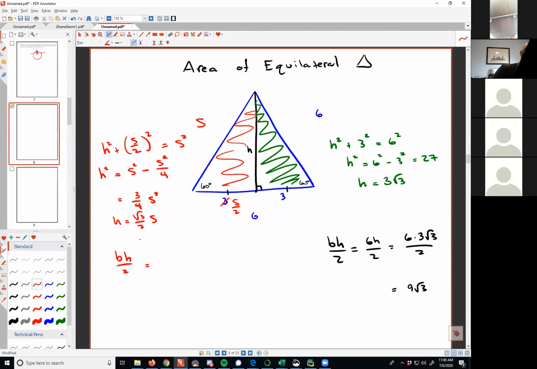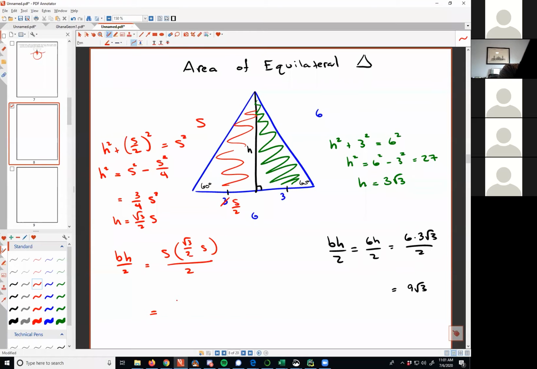So we get that root 3 over 2, and that's pretty common. We see that in our 30, 60, 90 right triangles, which is what we've got. Our equilateral triangle is 2 30, 60, 90 right triangles flapped together. And then we get base times height over 2, which is s times root 3 over 2 s, all divided by 2.